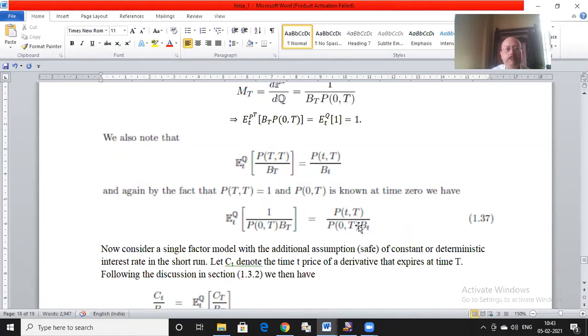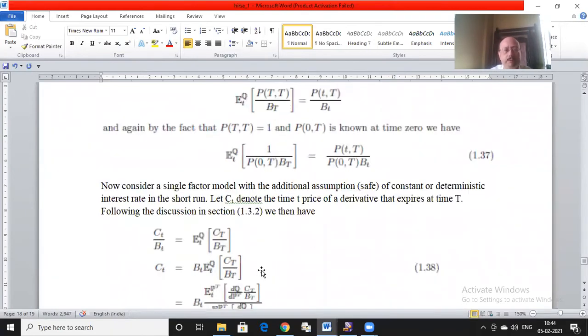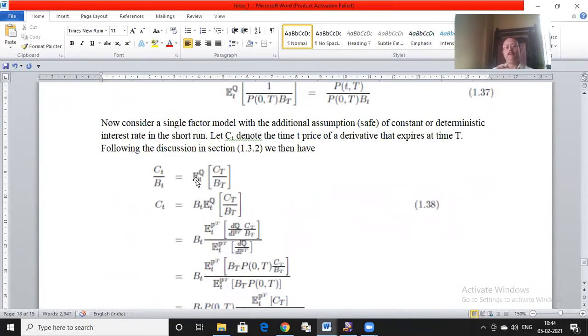I just divide both sides by P0T and eliminate PTT because it is equal to 1. So this is the expression that transfers values from time small t to any time capital T under the risk neutral measure. So we will be using this in our change of measure result.